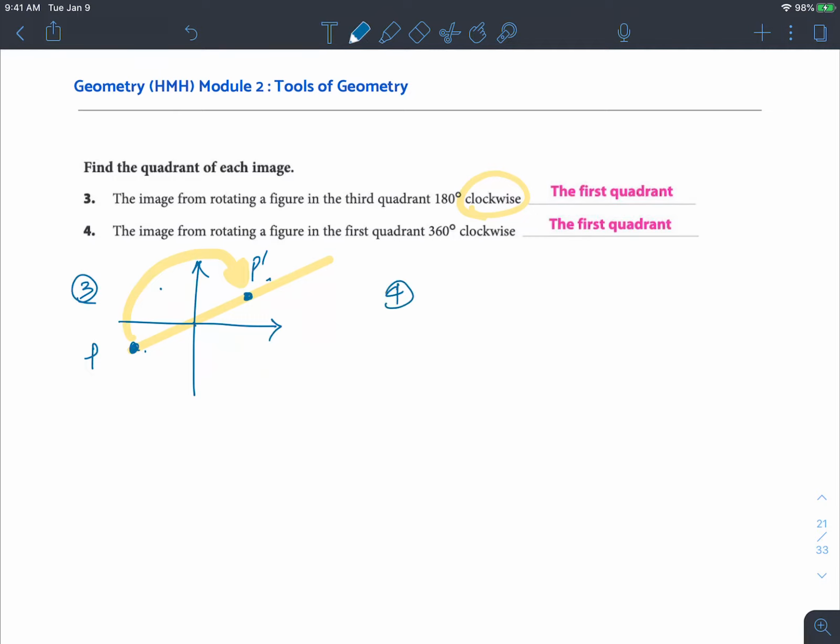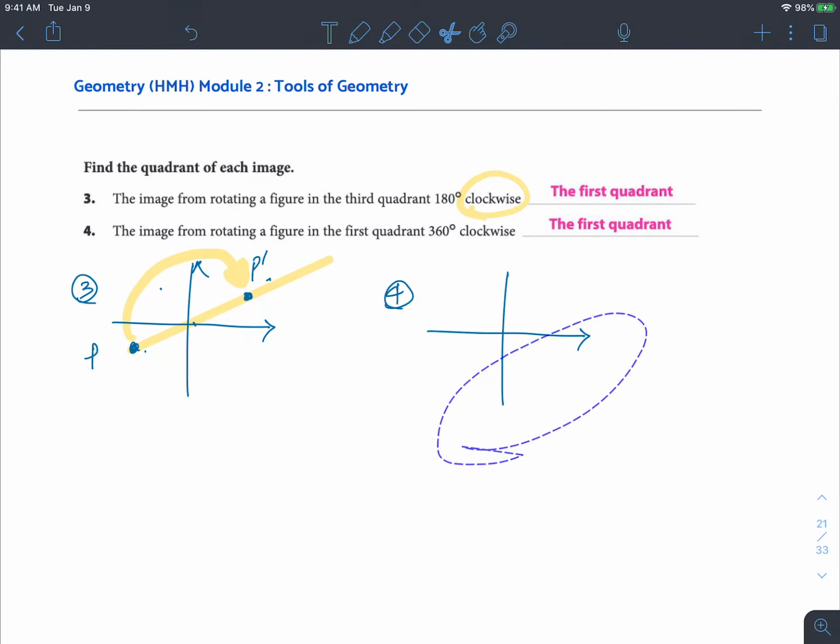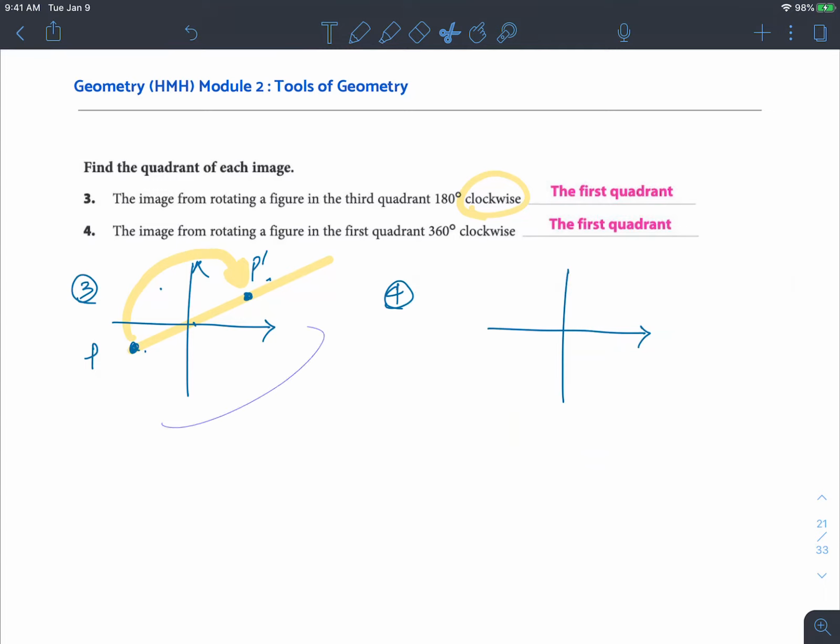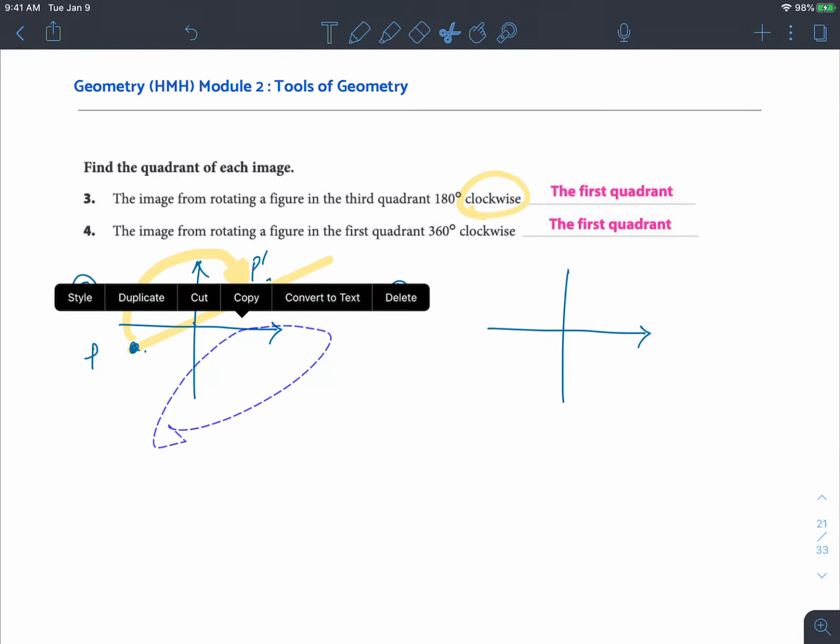Let's get number 4. Image rotating a figure in the first quadrant 360 degrees. Well, if you have that, let's go with this one, right? Copy, paste, have something like that. Let me just put this back better. There you go.